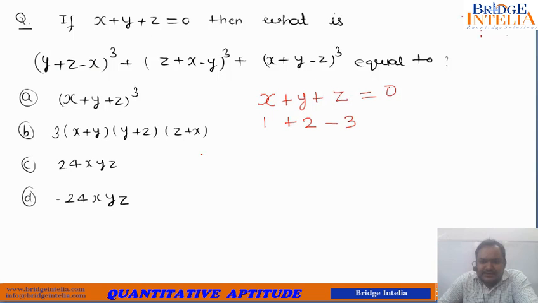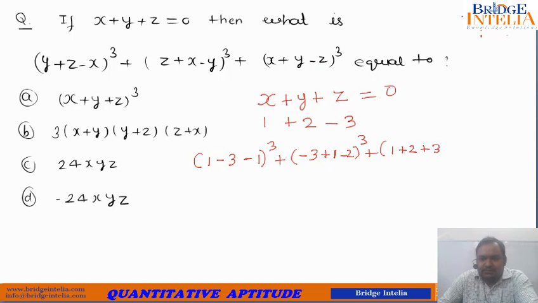So y plus z, that means 1 minus 3, minus x, that means minus 1 whole cube, plus now z is minus 3 plus 1 minus 2 whole cube, plus now x plus y, that means 1 plus 2 minus minus plus, so plus 3 whole cube. Now we will solve this and see which option it matches.